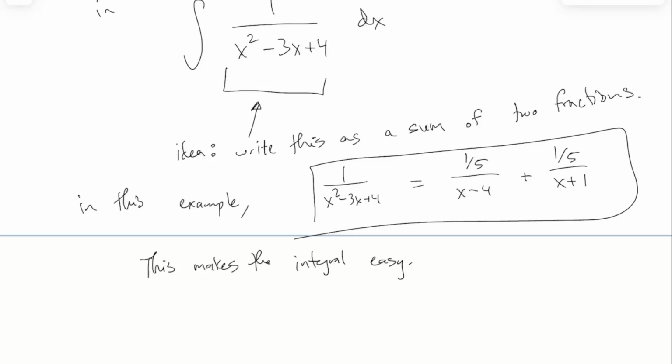It comes down to figuring out what are the 1/5 and the 1/5, and also what are these denominators supposed to be. Does anyone maybe able to look at this and tell where do you think these denominators came from? Yeah? Like factor. Yeah, these are the factors of this polynomial that we started with. And so the partial fractions is about, you start with a polynomial down here, you factor it, and then somehow split it apart into two fractions, and somehow you have to figure out that these are both supposed to be 1/5.